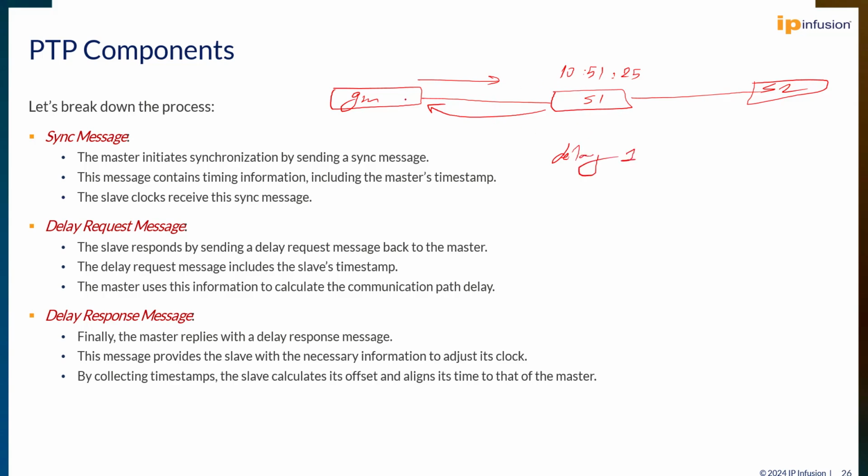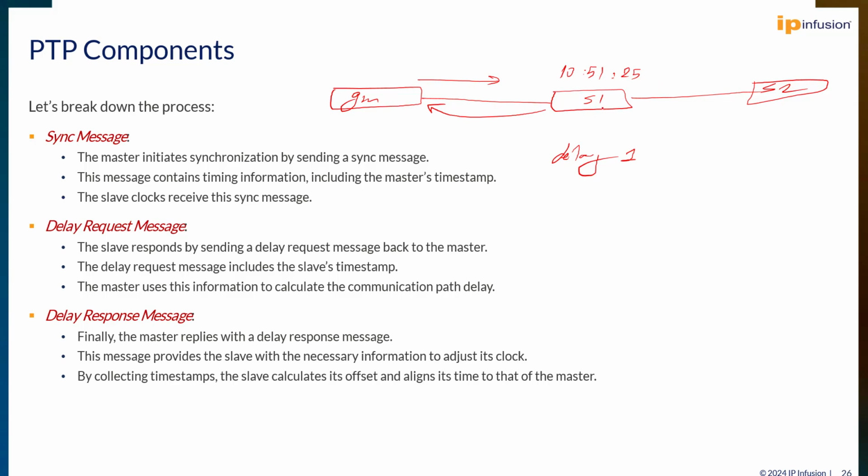So whenever it receives a timing packet, which is a sync message, from this grandmaster, it's going to add 1 second to that. And it knows that now this time is accurate because it has received this timing from the upstream switch in here, which is the grandmaster.